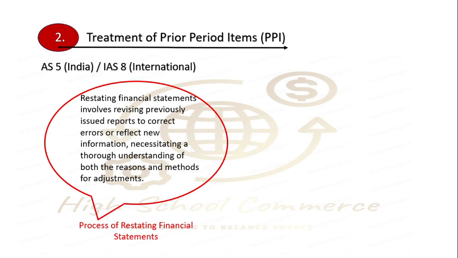The intention is to report correctly, the correct number should get reported, so that the user of the financial statement gets better visibility on it.